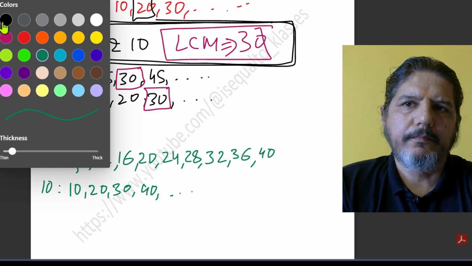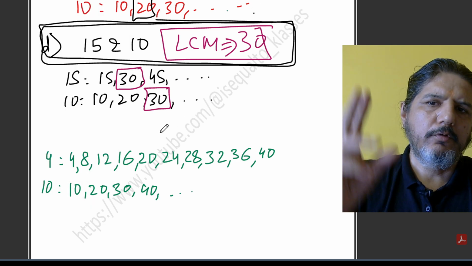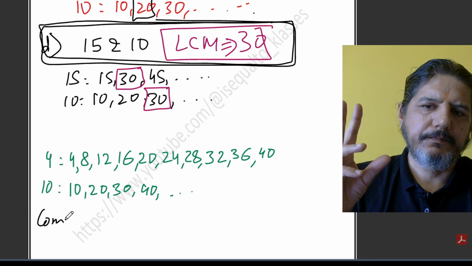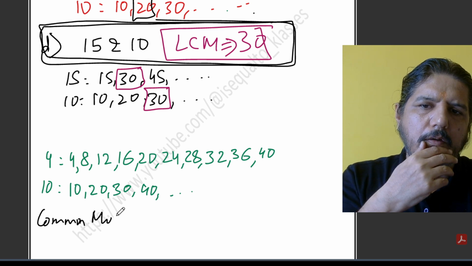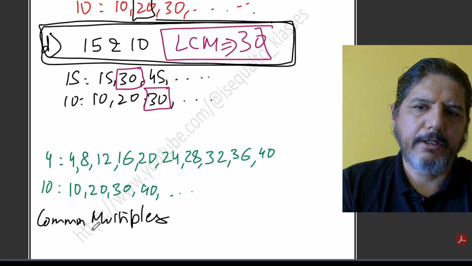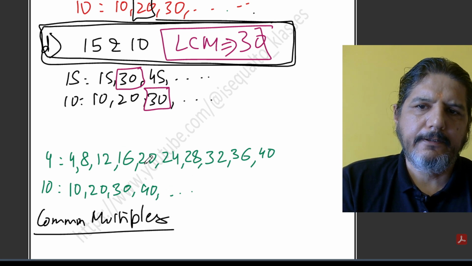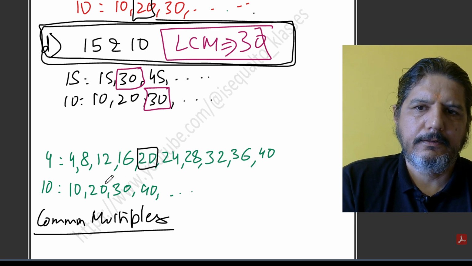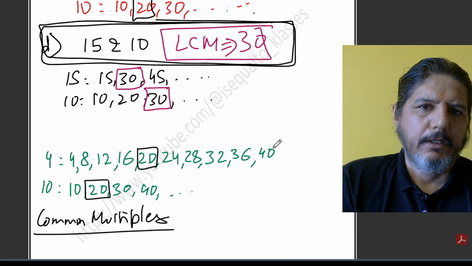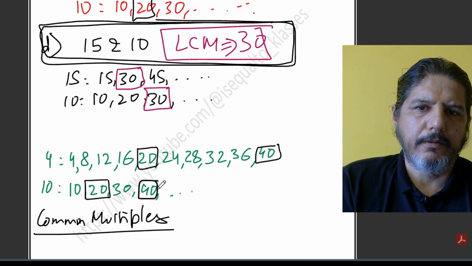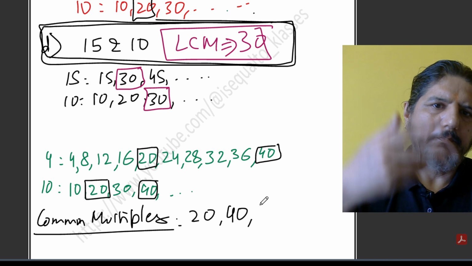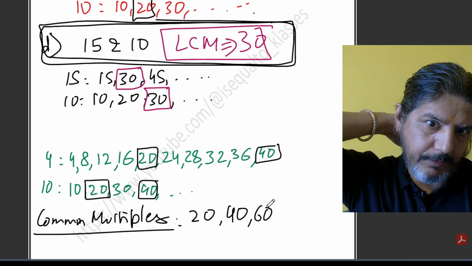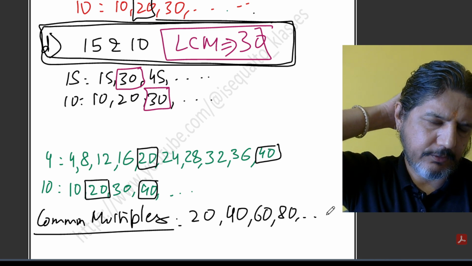Now look closely, you will understand what I am trying to say. If you want to find the common multiples of 4 and 10, the first common multiple is 20. Then you have 40. So the common multiples are 20, 40, and 60 would be another, 80 would be another, and so on.